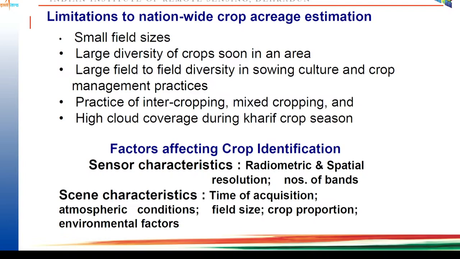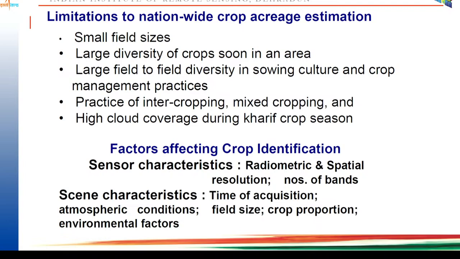High cloud coverage. We are in tropical monsoon Asia, which is dominated by cloud cover conditions. At least from July to August, September, three months are completely covered by cloud. So it is impossible to get quality data from optical satellite data.